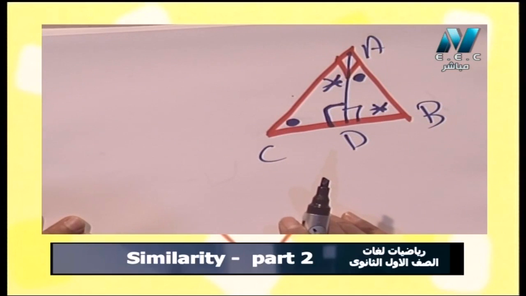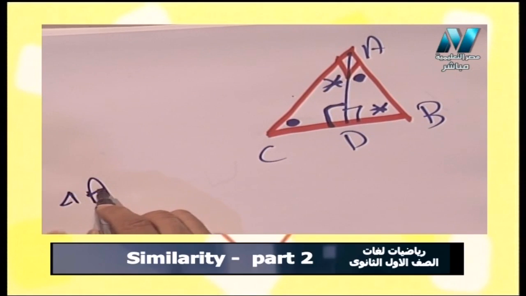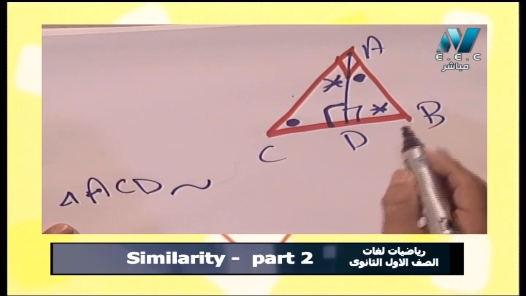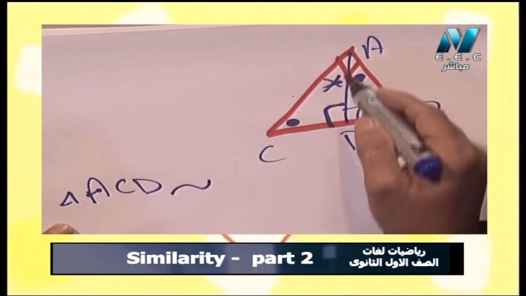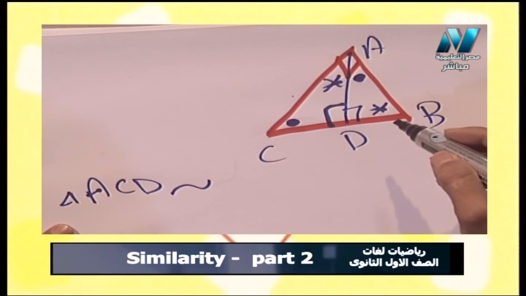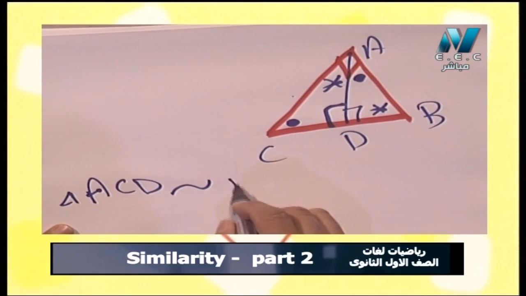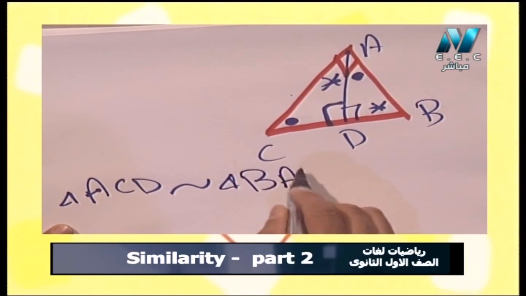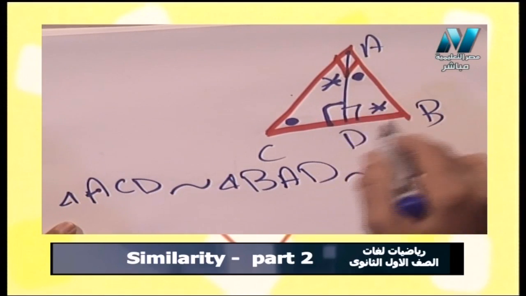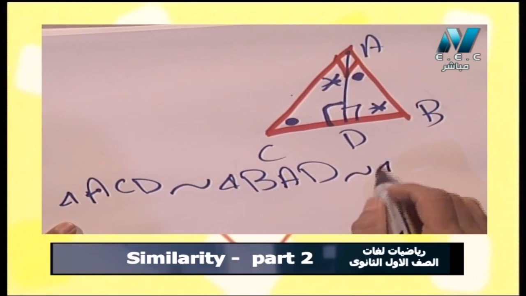So the triangle ACD is similar to triangle BAD, which means star, dot, and right. All of them are similar to the big triangle or the original one, which is BCA.